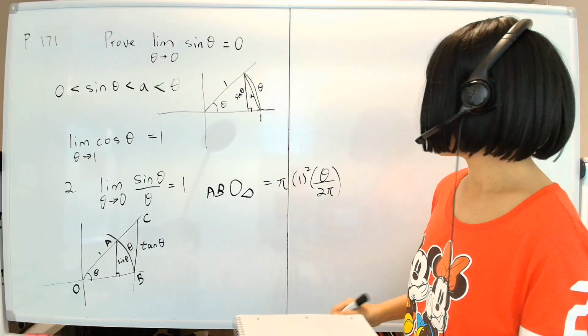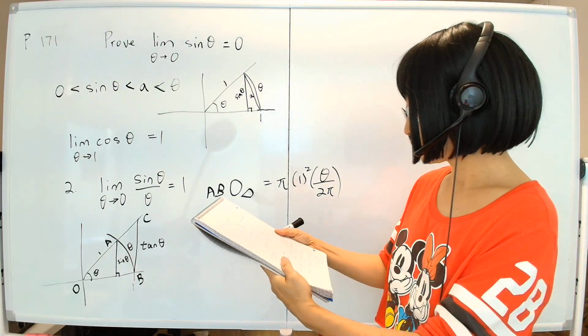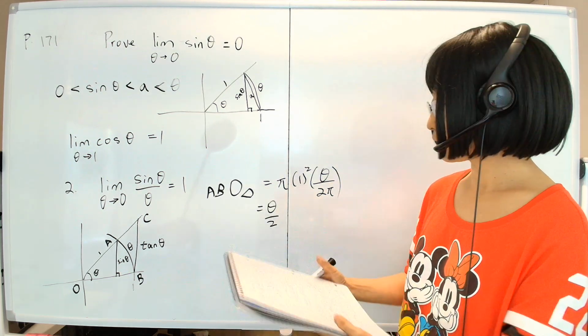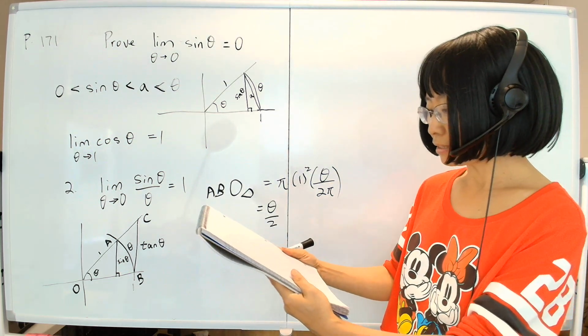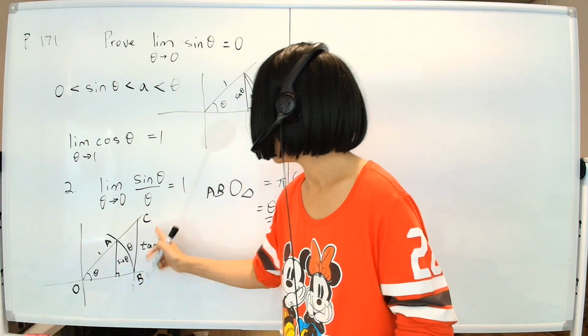So if you only have theta, then you have a fraction of that much, which when you're all done equals theta over 2. That's the sector area.